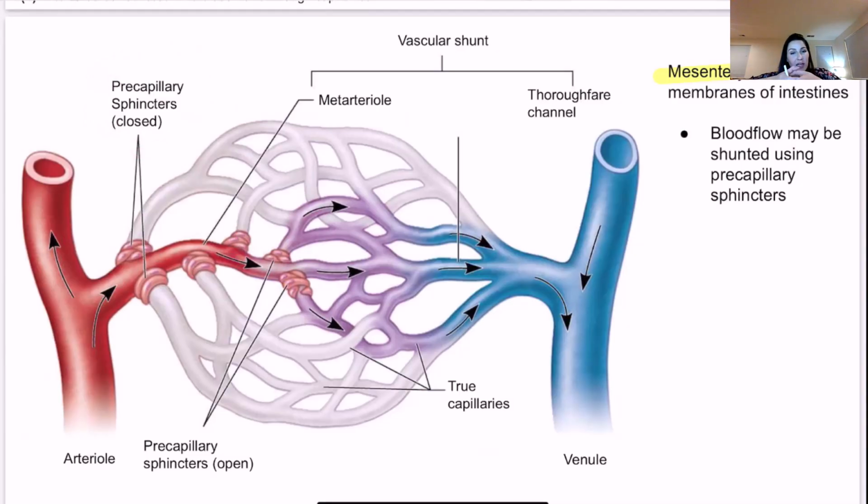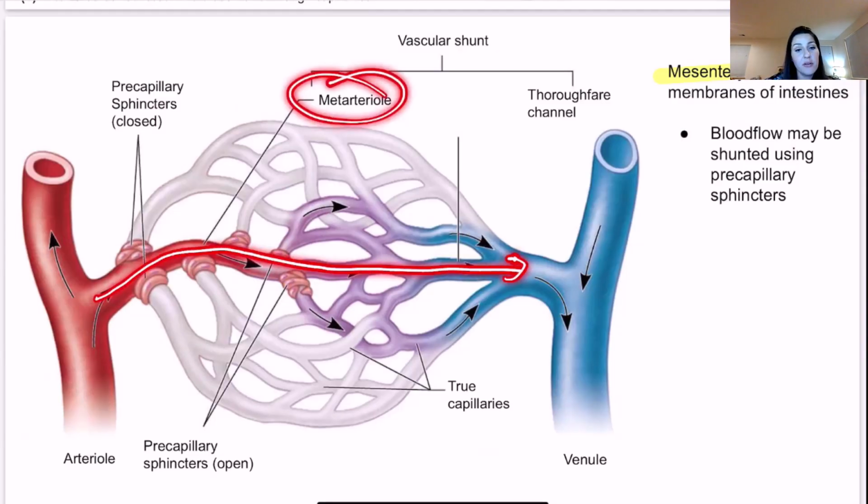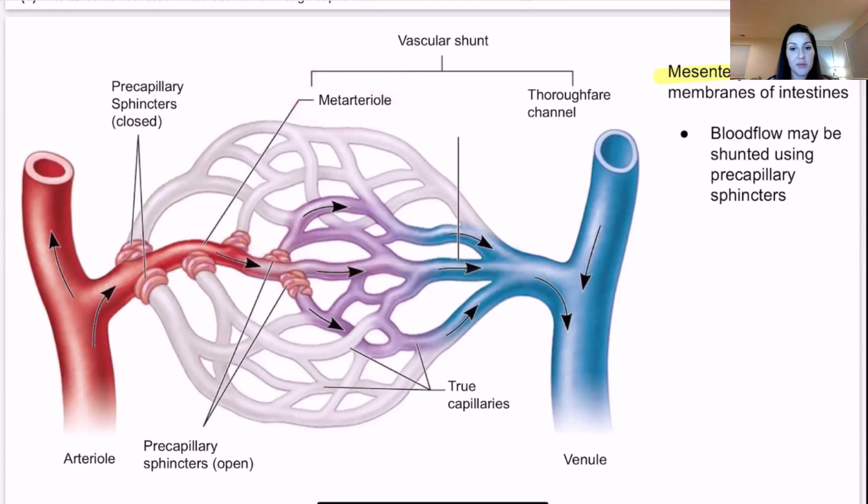A sphincter is something that can close and open. Usually it's closed. That sphincter will close, kind of like a muscle, and restrict blood flow through the rest of the capillary bed, so it's not really happening there. But that road that stays open through there is called a metarteriole. The metarteriole is the one that keeps blood flow moving from A, the arteriole, to B, the venule.